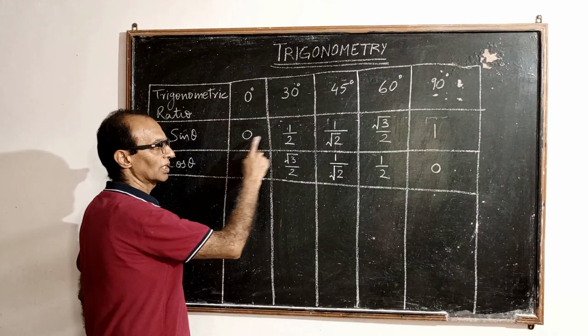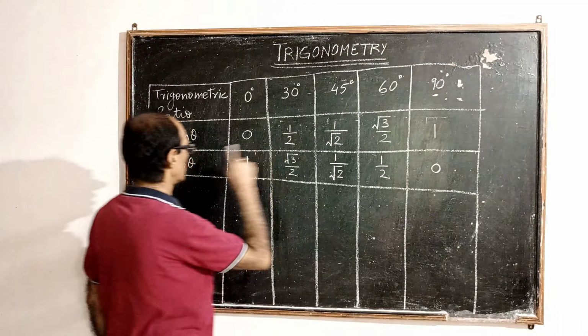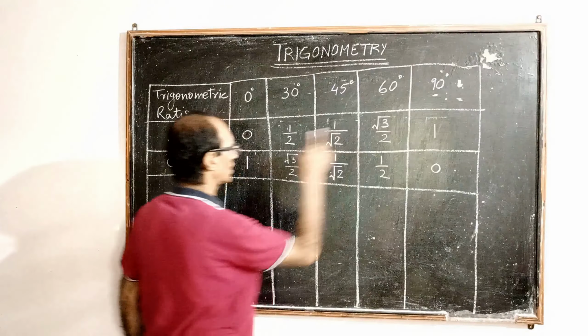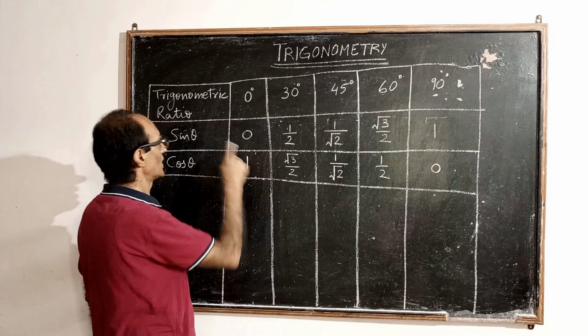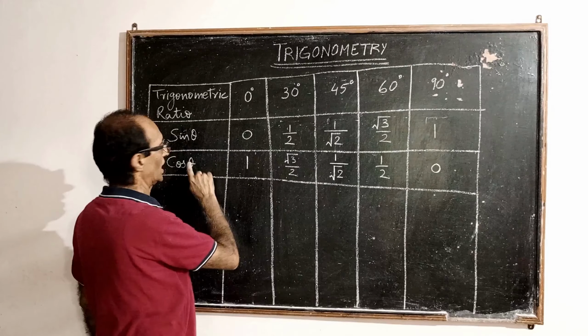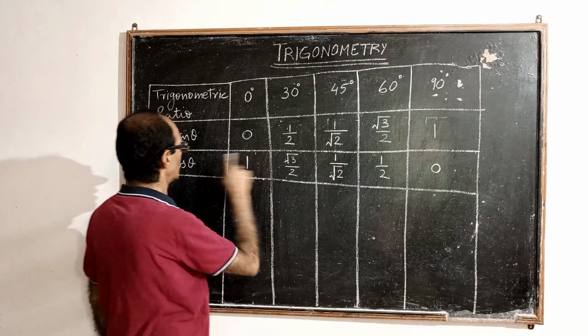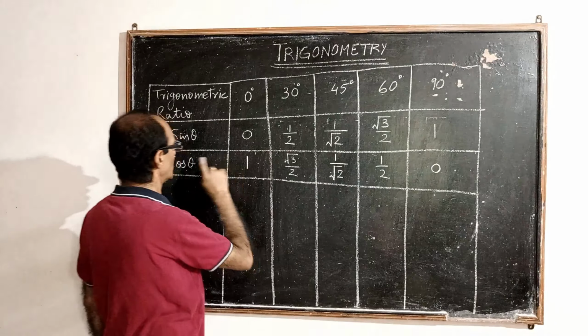Sine 0 and cos 90. Sine 90 and cos 0. Sine 30 degrees and cos 60 degrees. Sine 60 degrees and cos 30 degrees. They are the same values. Sine 45 and cos 45, they are the same values.